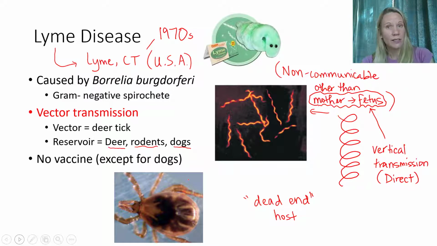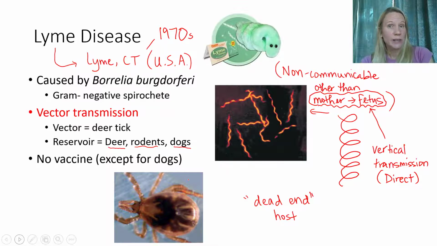We do have Lyme disease in California, primarily in Northern California, although there are sporadic cases even in Southern California. We do have the particular species of tick. So it has to be a particular species of tick. And the type of bacteria we have here is Borrelia burgdorferi.